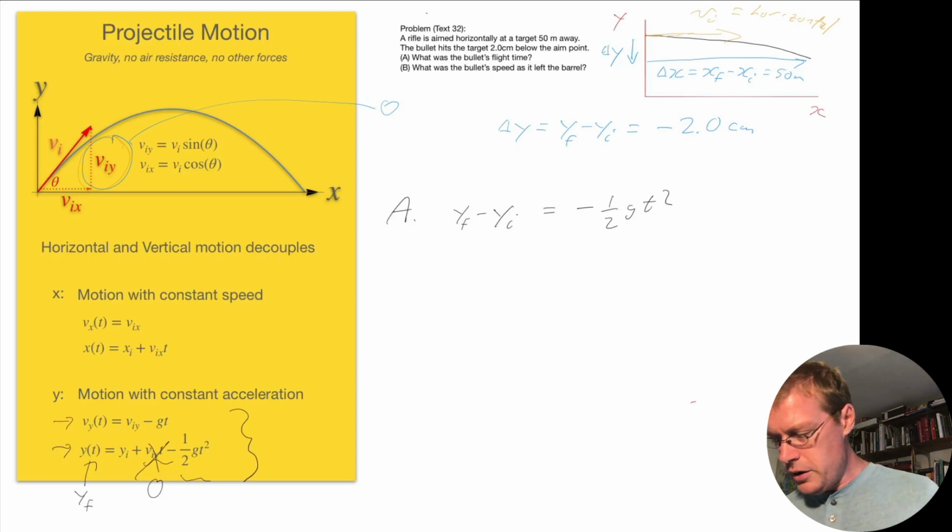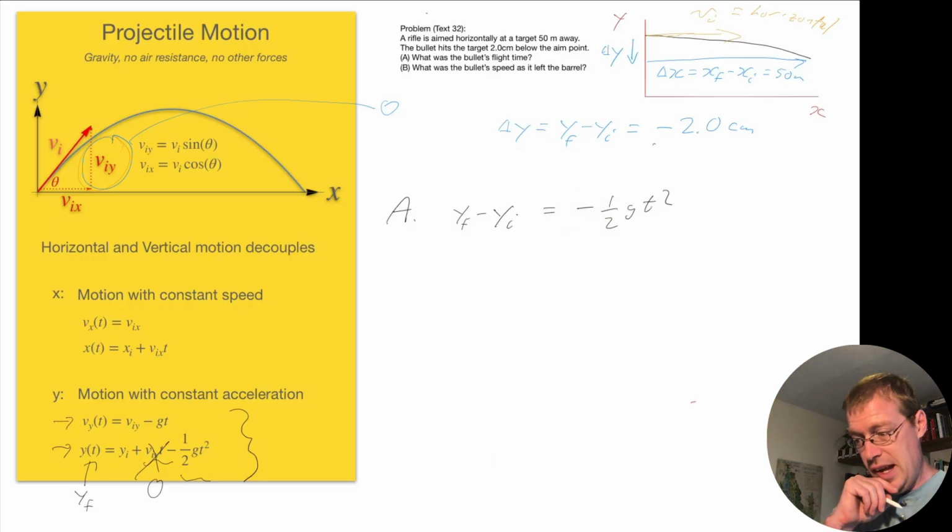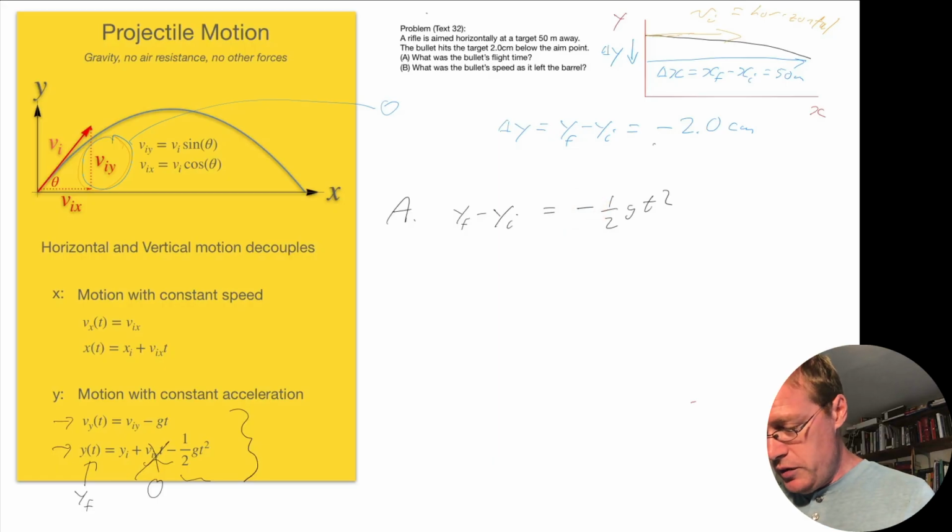Oh, great. And our minus sign here and the minus sign there, they cancel. Now I will just solve this for time. So I multiply by 2 over g, and I get minus 2 over g delta y is equal to t squared.